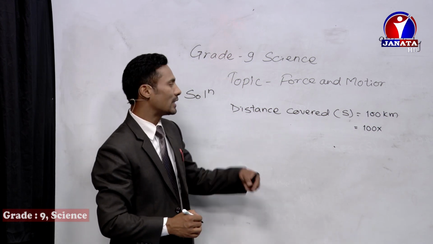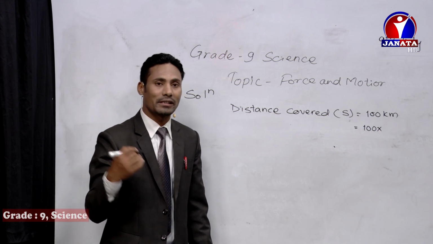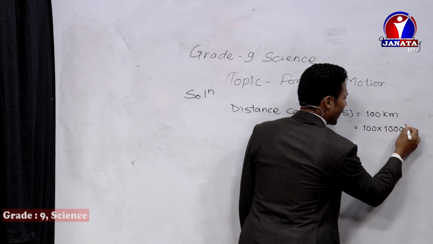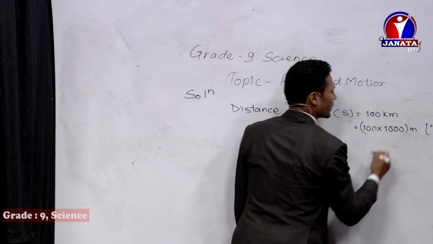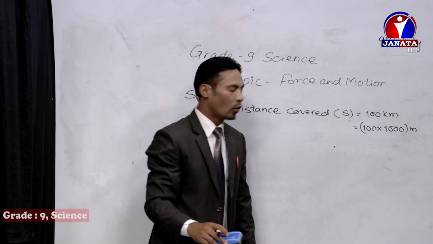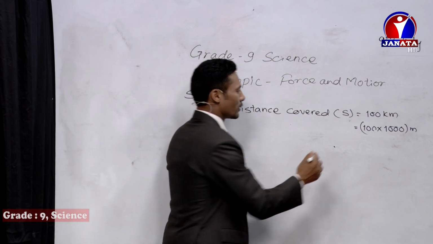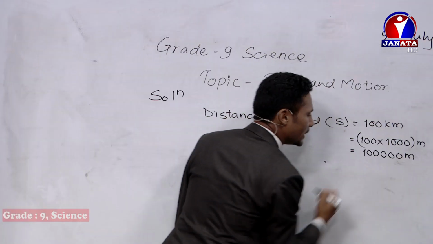That's why, to change kilometer into meter, we need to multiply by 1000, as we discussed in the measurement chapter also. So multiply by 1000. Now it is in meter. Why? Because 1 kilometer equals 1000 meter, you can write this as the reason. So this one is 100000 meter.